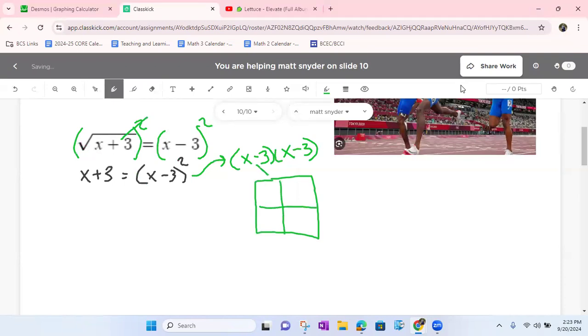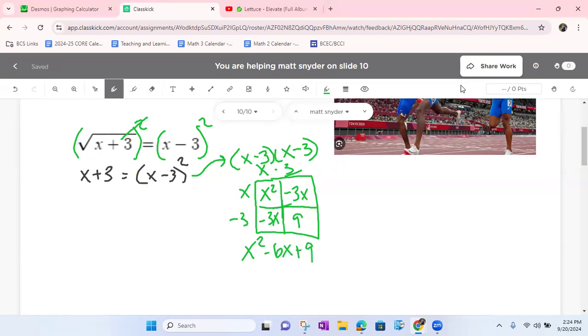So let's go ahead and multiply that up. I'm going to take x minus 3, and then multiply that. So x times x is x squared, negative 3 times x is negative 3x, negative 3 times x is negative 3x, and negative 3 times negative 3 is 9. We'll pull that out of the area model by saying x squared, negative 3x plus negative 3x is negative 6x, and then plus 9.